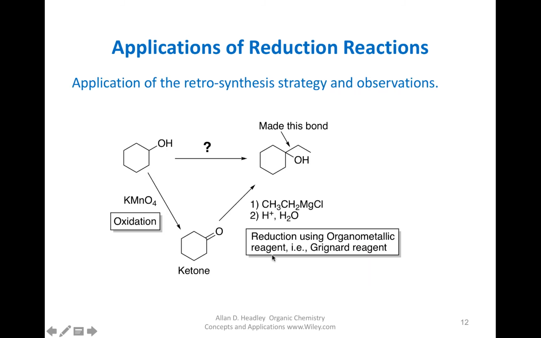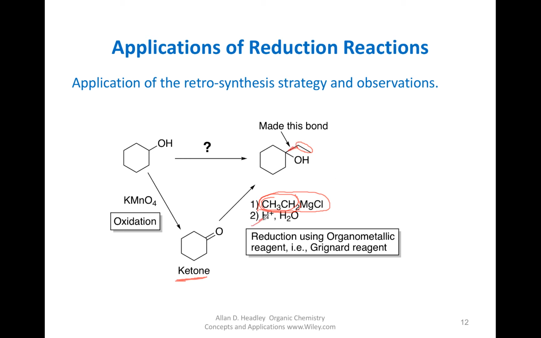Let's put that together and see what we get. Working backwards from here, if we had this ketone, we can use this Grignard. Notice this is our 2-carbon Grignard to make that group and also to make that bond.